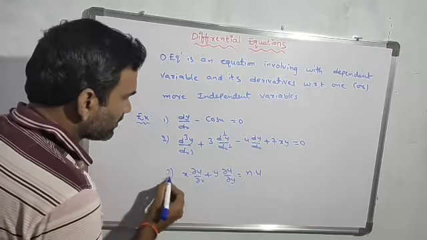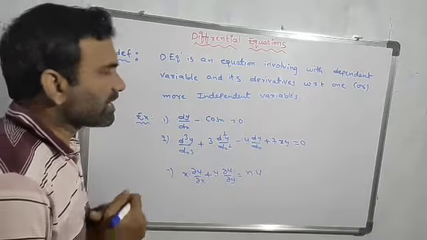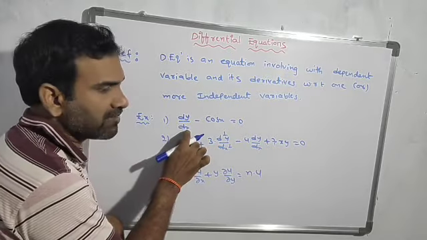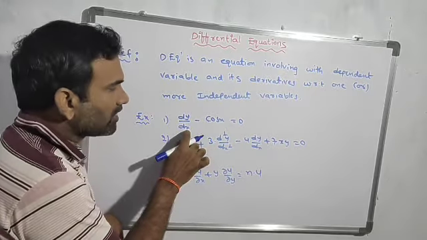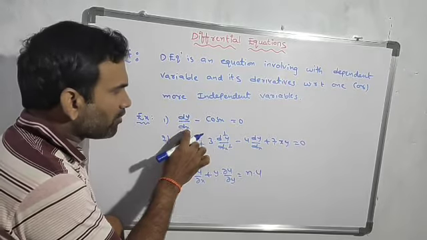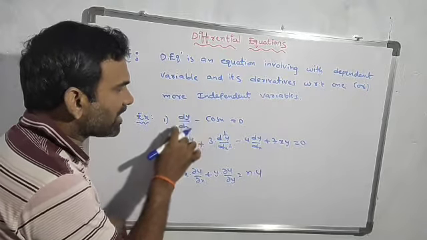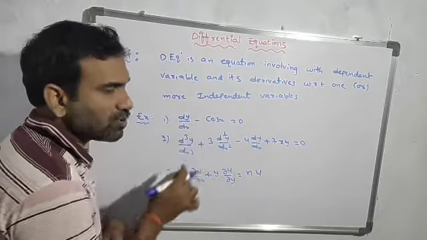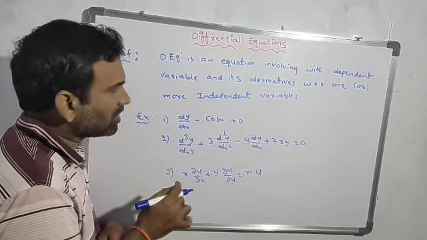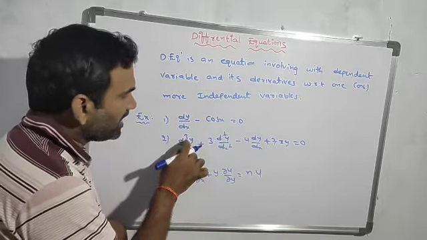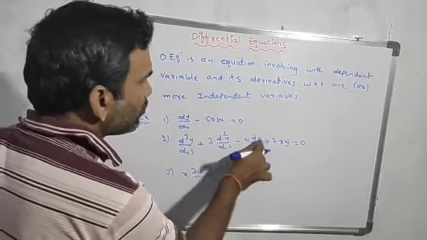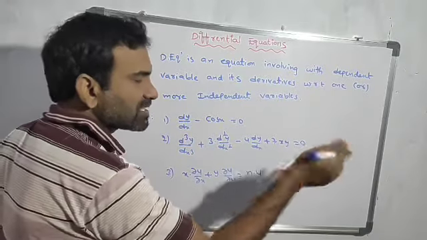You just observe here dy by dx minus cos x equal to 0. Here y is the dependent variable, x is the independent variable. There is no y term, there is no problem. So y is differentiated only one time, so this is a differential equation. Next, d cube y by dx cube plus 3 into d square y by dx square minus 4 into dy by dx plus 7xy equal to 0.